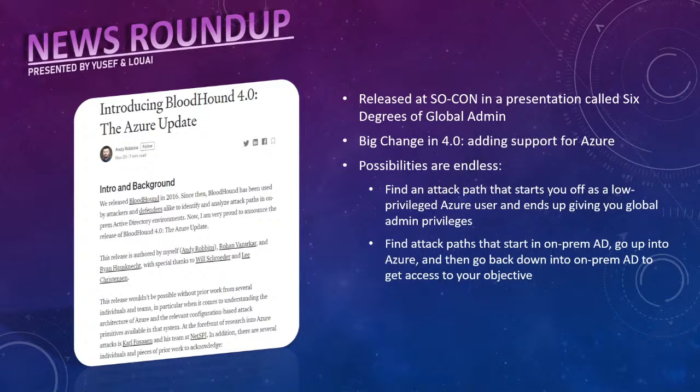So what's special about this update? This was released at SOCON, you can pronounce it either way, in a presentation called 6 Degrees of Global Admin. The name follows another great presentation from when BloodHound was first released, called 6 Degrees of Domain Admin.